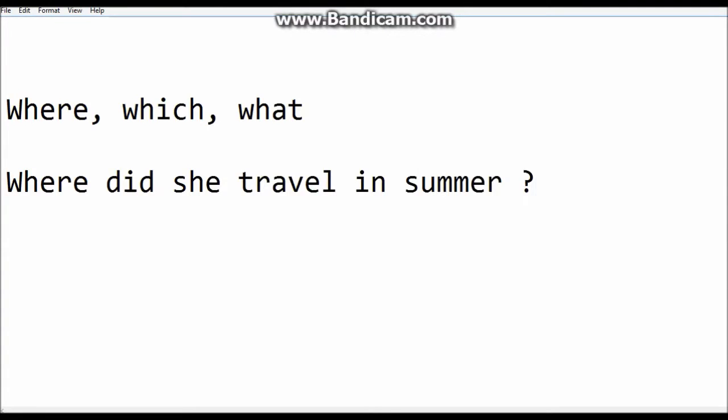Where did she travel in summer? As you see, we have the question word where, then we have did, which is an auxiliary verb in simple past, then we have the subject pronoun, and after that the verb in base form.